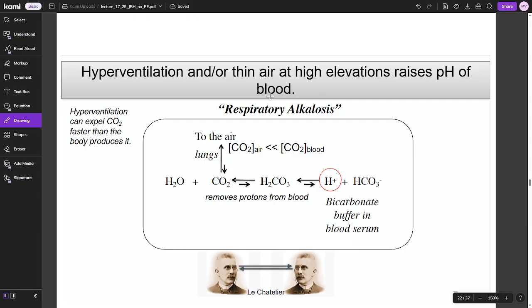And this is the idea of respiratory alkalosis, right? You guys talked about this before with hemoglobin. Basically, if you exhale a lot, you drop your CO2 levels, which drops this, which all shifts this way, so H plus drops, so you get a more basic solution. It's all from the first exam.